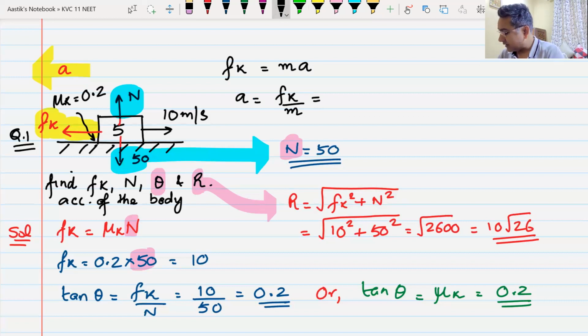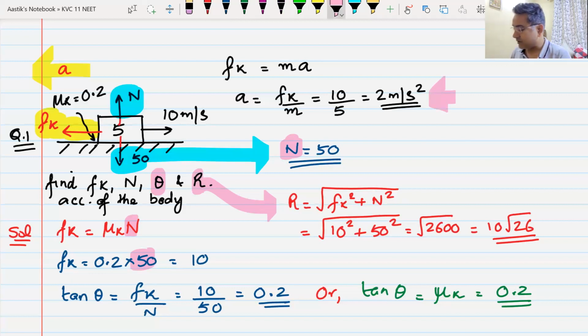Remember, the kinetic friction is 10 newtons divided by 5. So the acceleration will be 2 meter per second square, in the backward direction.